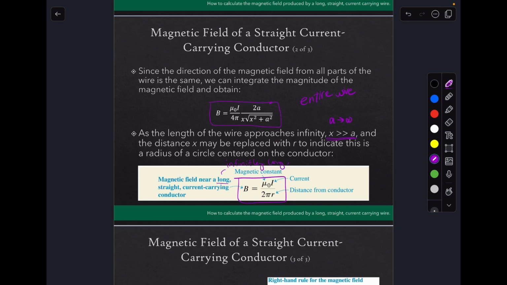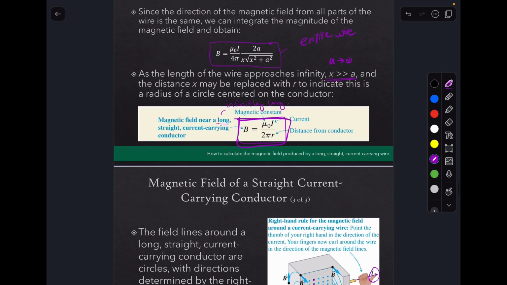So from this kind of complicated looking equation, we get a much simpler one. If we assume that we're sufficiently far away from the wire so that it looks like it's infinitely long, we can reduce the magnetic field magnitude to this simple equation right here: mu naught I over 2 pi r.